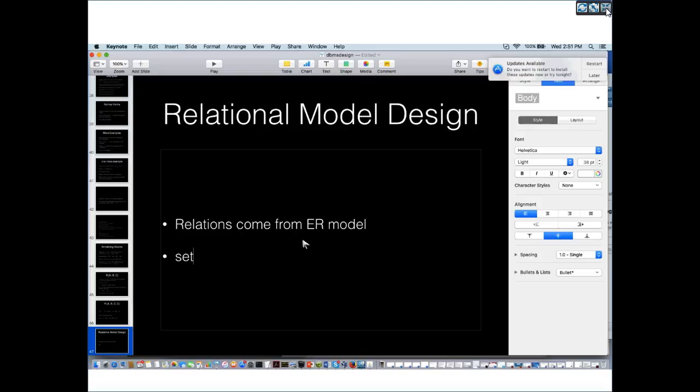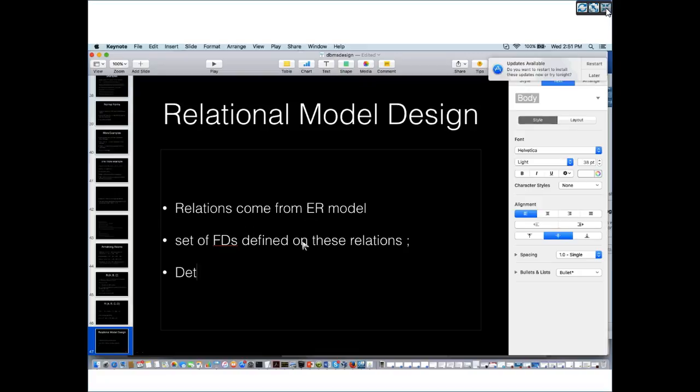Now, what you do, you actually look at the set of FDs defined on these relations. This is the initial set. Now we are going to determine if R is in BCNF, given these FDs.